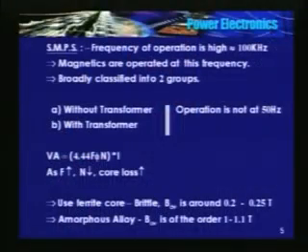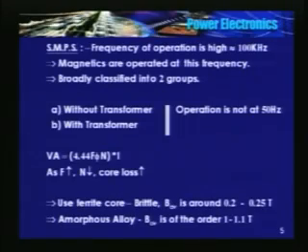The frequency of operation in SMPS is very high. The minimum could be of the order of 100 kilohertz. And all the magnetics, inductor or transformer, that are being used are operated at this frequency, mind you.